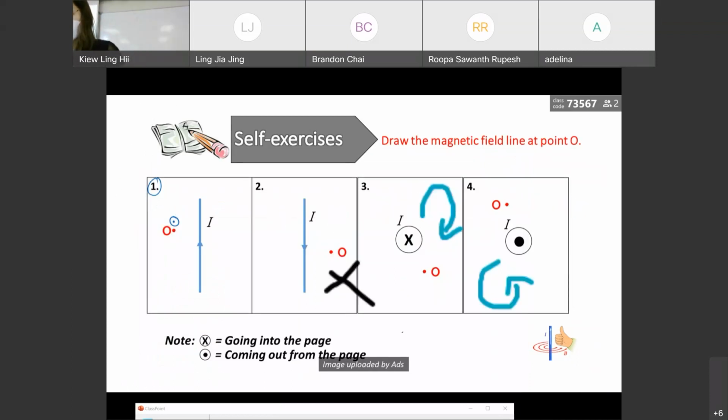Second one, according to your right hand grip rule, the current is going downwards. So on the right-hand side it is a dot product, and then a cross product. Very good. How about now here, question 3.